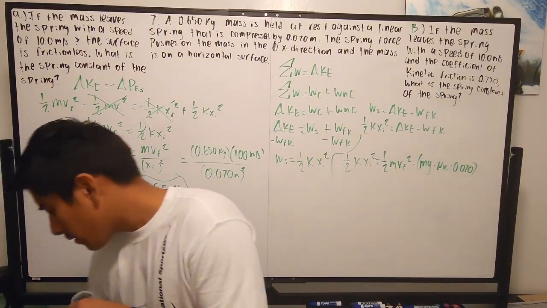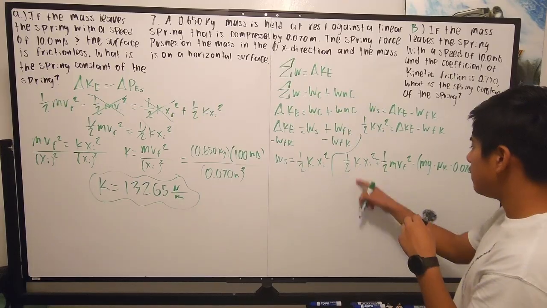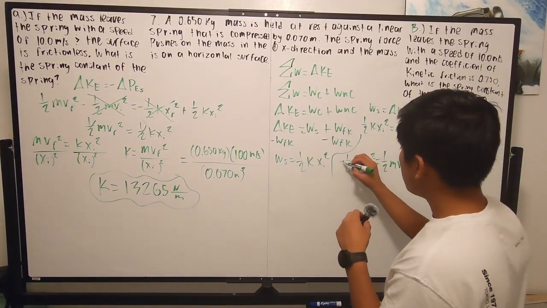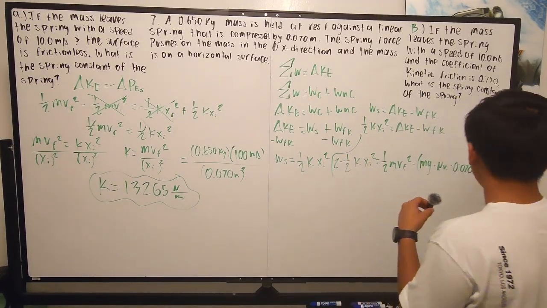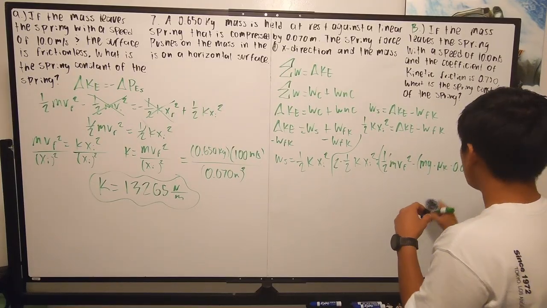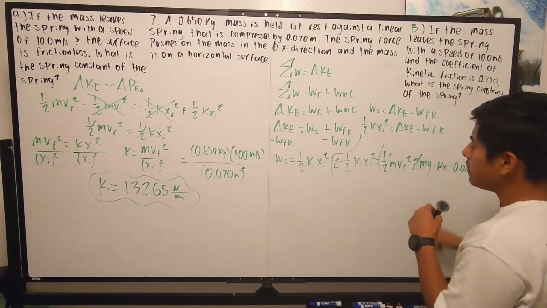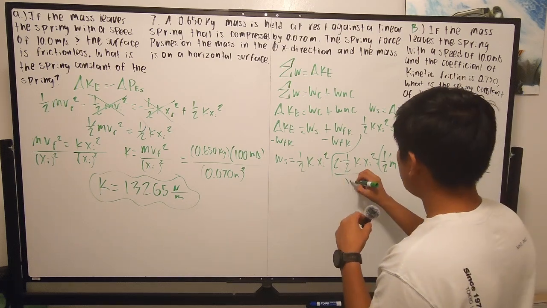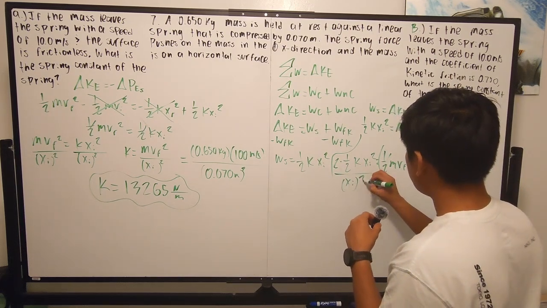Now here, I'm just going to go ahead and isolate for that k. So to get rid of this 1/2, I'm going to divide this side by 2, and I'm going to divide this entire side by 2, which is going to get rid of this 1/2, and it's going to put a 2 right in front of there. And then I'm going to divide by this x initial squared.